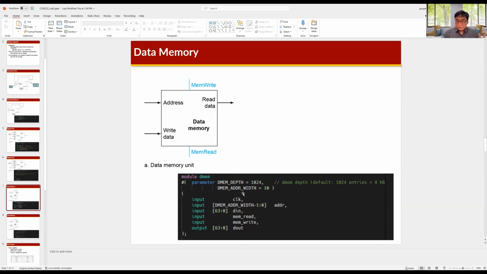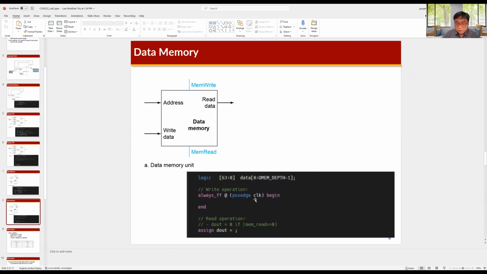These skeleton codes are also provided for this second lab assignment. This data memory also has a clock input, for the same reason as the register file. The write operation of this data memory is synchronized by the clock signal.